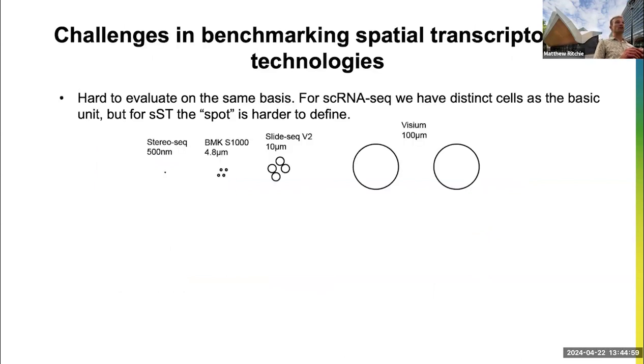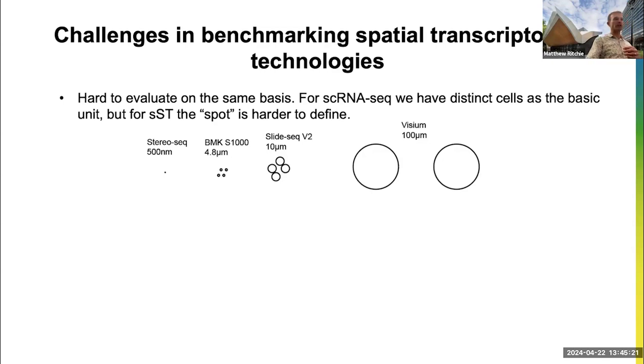A challenge here, if you're going to use more than one technology, is they all have slightly different spatial resolution, from stereo-seq, which are lots of tiny little DNA nanoballs, up to Visium, which are pretty large regions. And so it's a bit different to a bulk or a single cell benchmark experiment where the unit of measurement is a cell. Here it actually depends.